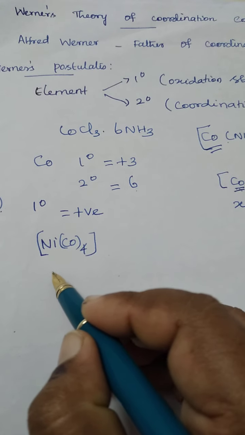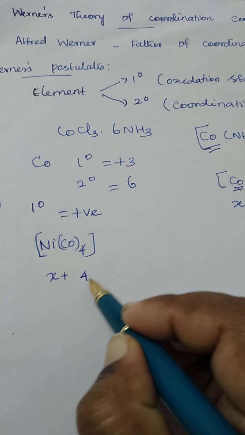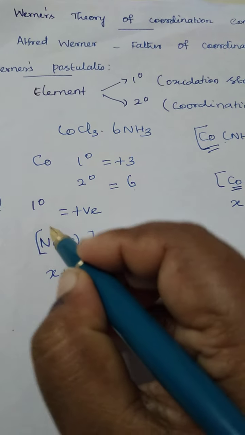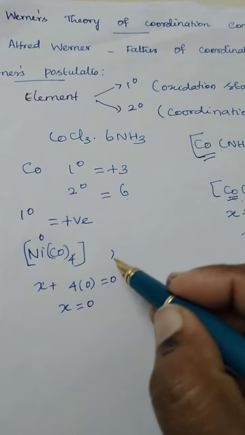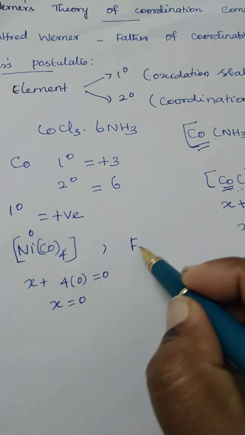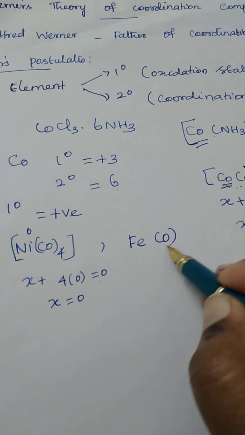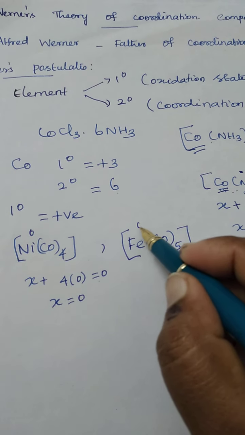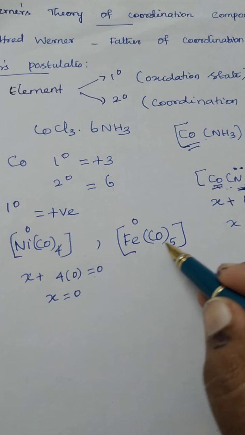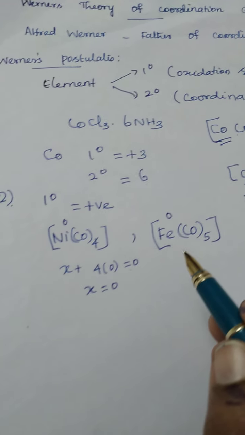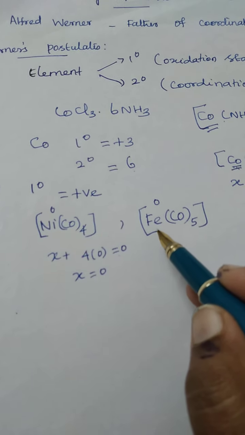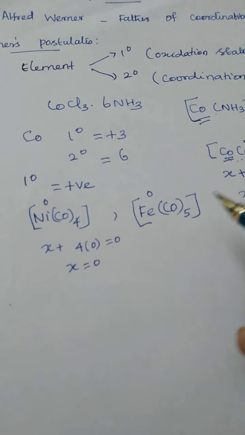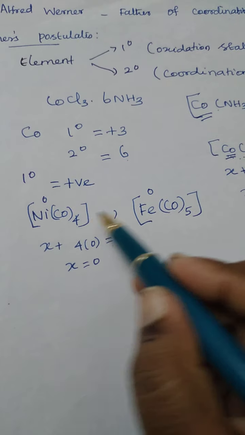So I can write X plus 4 into 0 equal to 0. So X is equal to 0. Another exceptional example you studied is iron pentacarbonyl, where iron has the primary valency of 0, because carbonyl is 0, and you will get X value 0. So the primary valency of a metal ion is positive in most cases, and in some cases it can be 0.